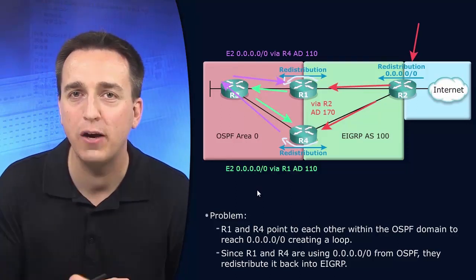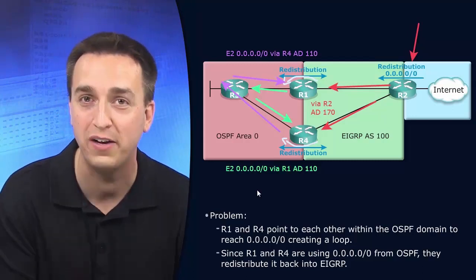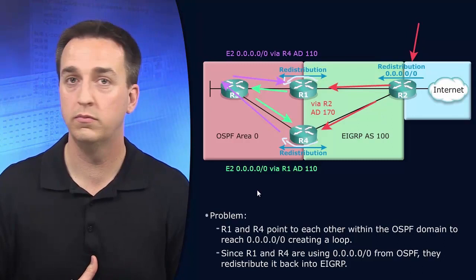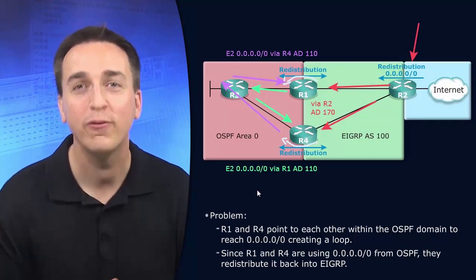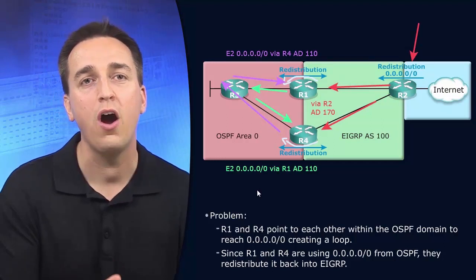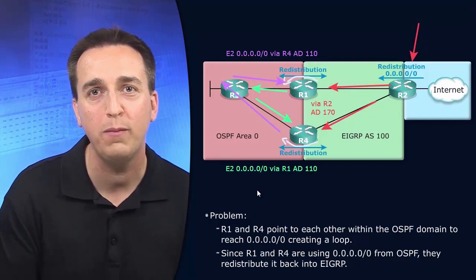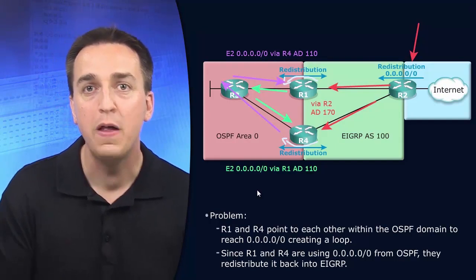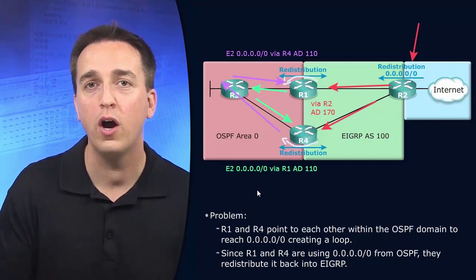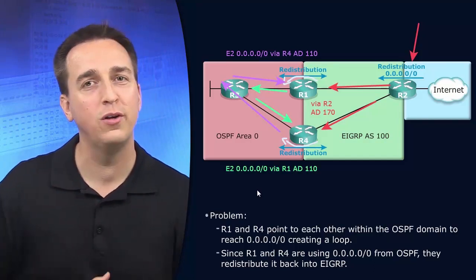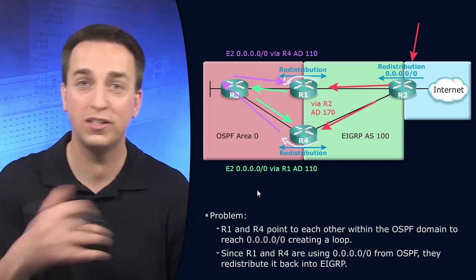Are the EIGRP learned routes in the routing table anymore? No, it's the OSPF routes that are in the routing table, which means that R1 and R4 can no longer redistribute those routes into OSPF, meaning that R4 has to tell R1 and R1 has to tell R4 that those routes no longer exist. That static default route doesn't exist anymore because it's not being redistributed.